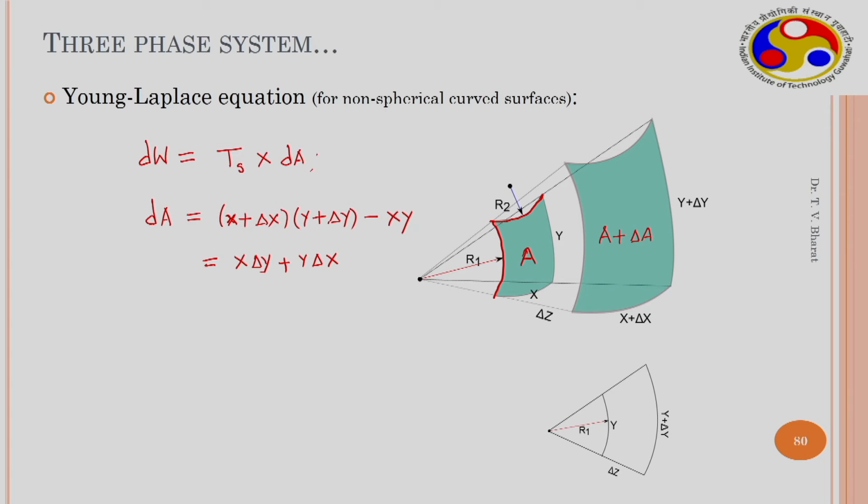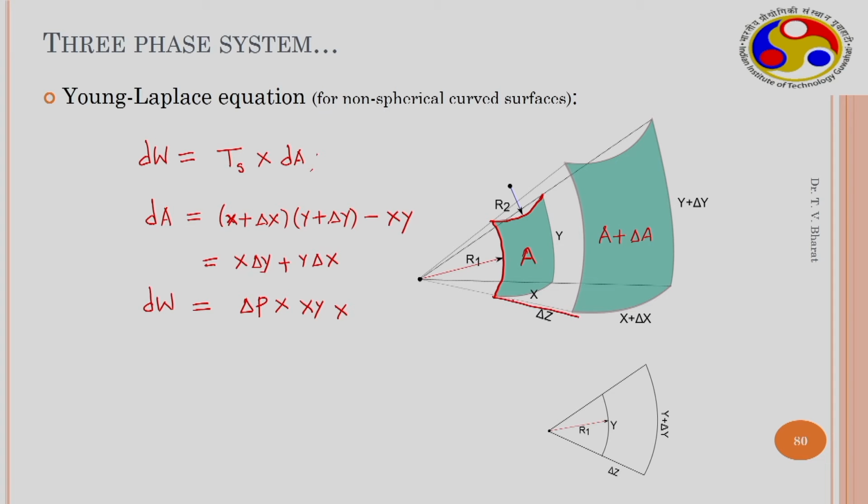So this causes a pressure change across the interface. That pressure change you can estimate: dW is equal to dP times x times y. So that is the area. Pressure times area is a force, times the movement. This is a small move.